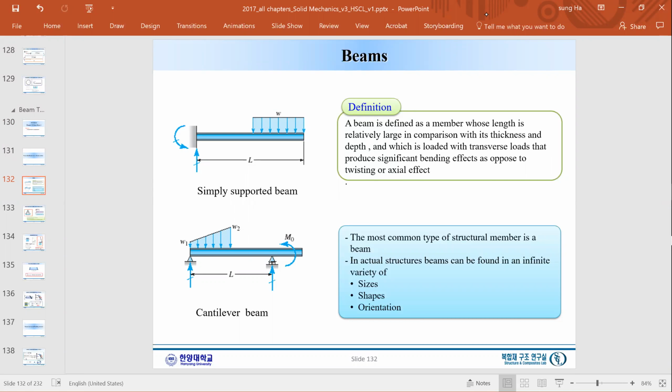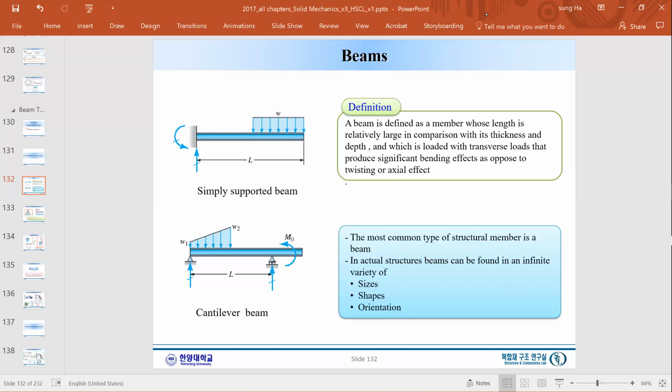That's the first reason. And the second reason is that when a beam is subject to a bending moment, the stress can be very severe compared to other structures such as a bar or a shaft.